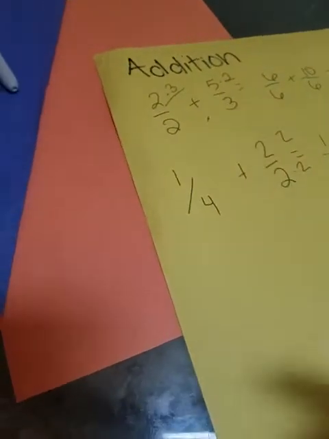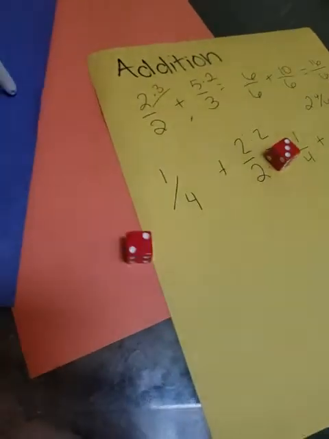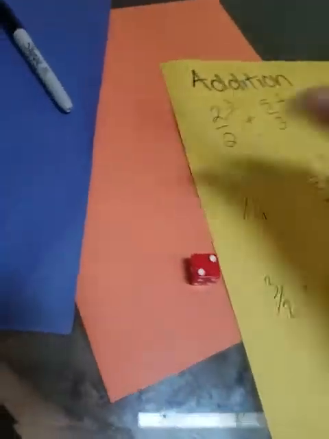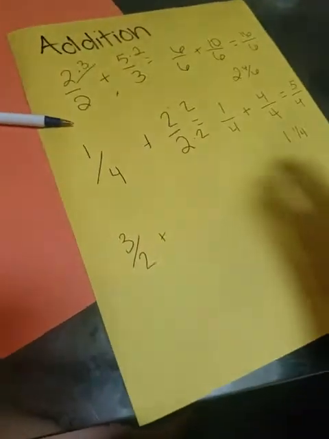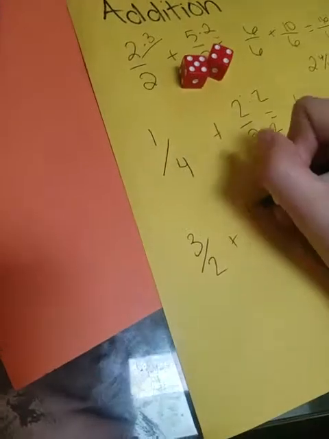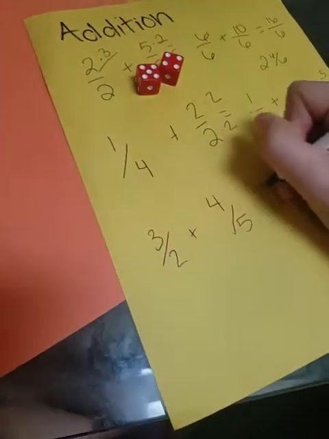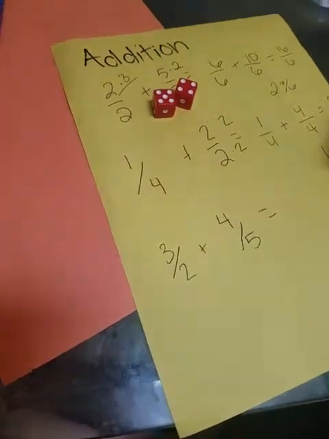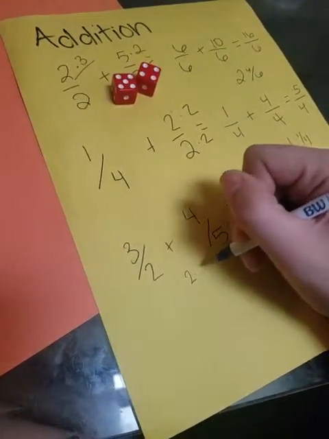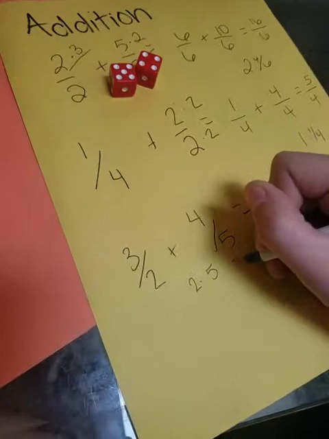Let's do one more addition. 3 over 2 plus 4 over 5 equals. We want to find a common denominator, so we could just multiply 2 by 5, which is going to equal 10.